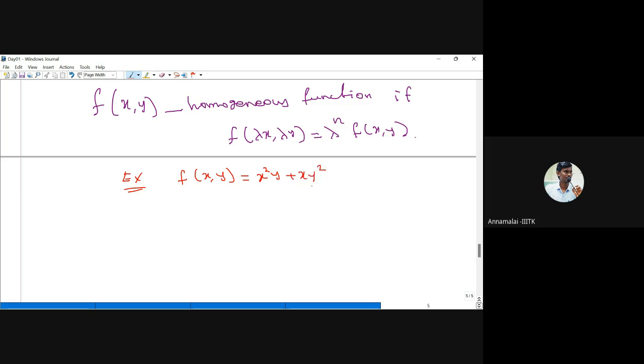So this is a homogeneous function because if we take f of lambda x comma lambda y, just replace x by lambda x, we get lambda x whole square into lambda y plus lambda x into lambda y whole square. Therefore, you get lambda cube in both terms, and you can take lambda cube outside. We get x square y plus x y square, which is nothing but lambda cube into f of x comma y. So here 3 is the order, or sometimes called the index. So this is one example of a homogeneous function.